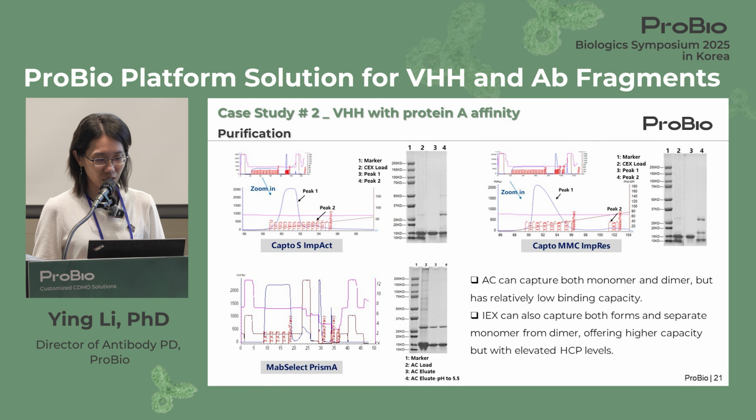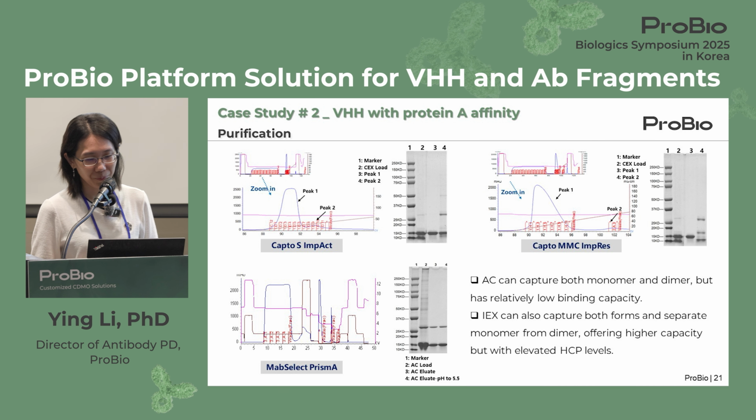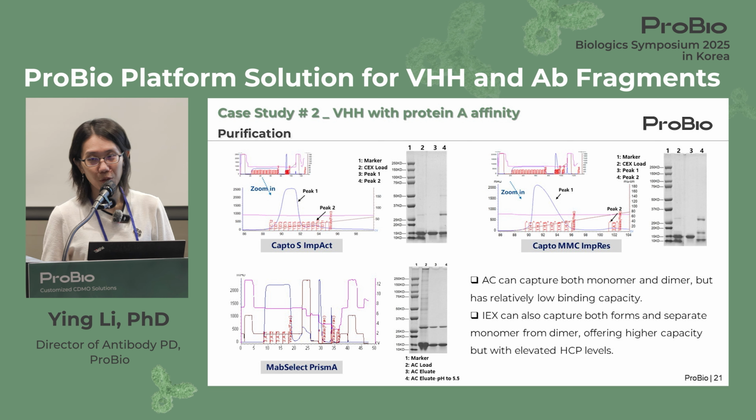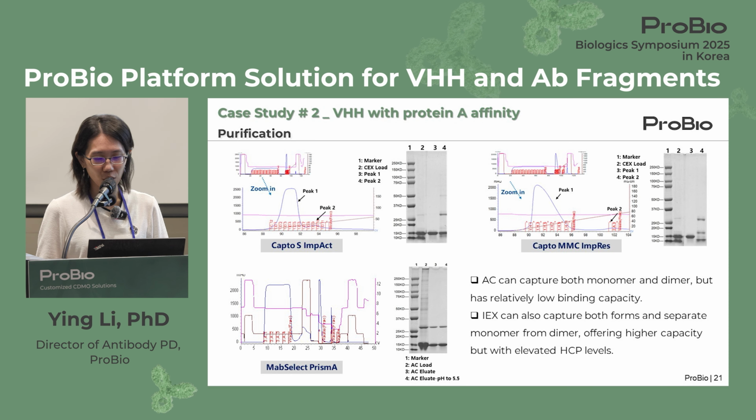And in terms of purification, since it has protein A affinity, we can potentially utilize protein A such as Prism A resin to capture both monomer and dimer, but it has relatively low binding capacity and is relatively expensive since affinity resin is involved. Alternatively, our platform has also developed a proprietary method, which is in the process of IP filing, utilizing a mixed mode CEX to capture these VHH molecules.